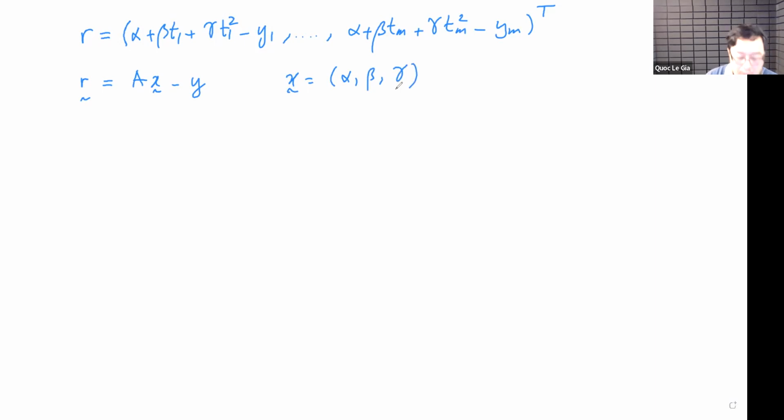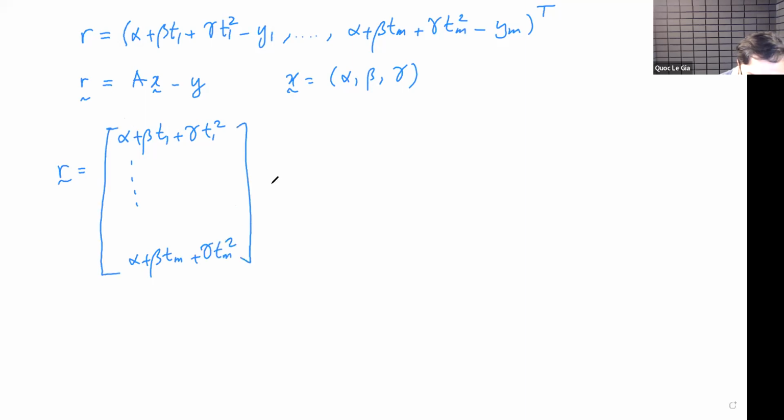Now if you write down this residual in a form that is easier to see, it is the vector with entries alpha plus beta t1 plus gamma t1 squared, up to alpha plus beta tm plus gamma tm squared, minus the vector y1, y2, up to ym.